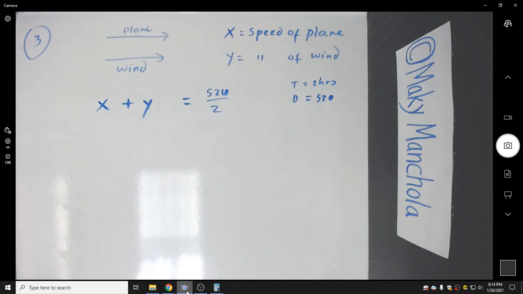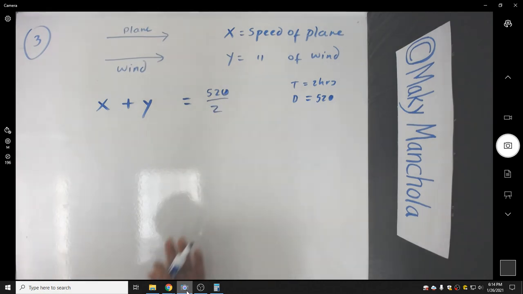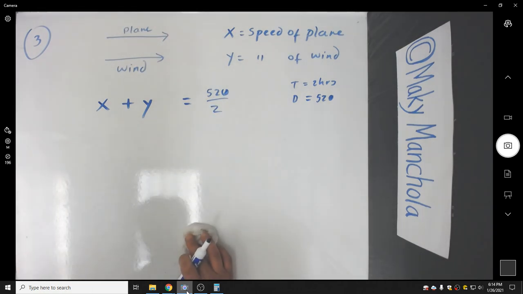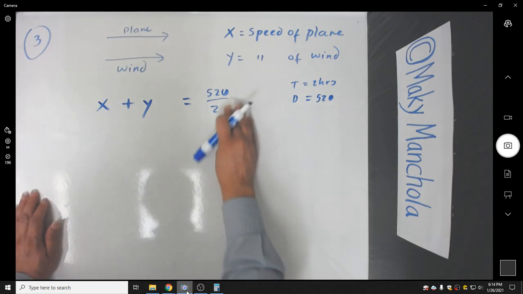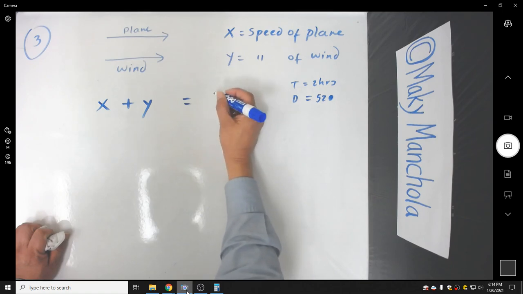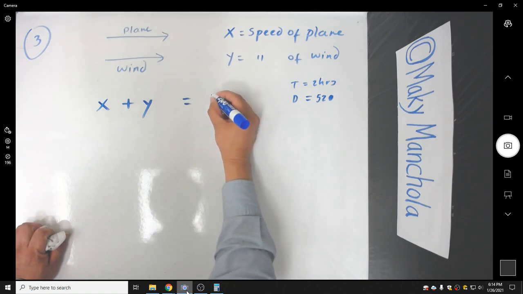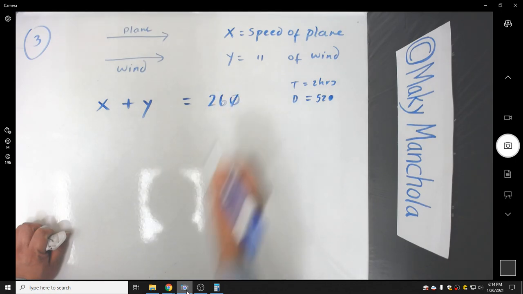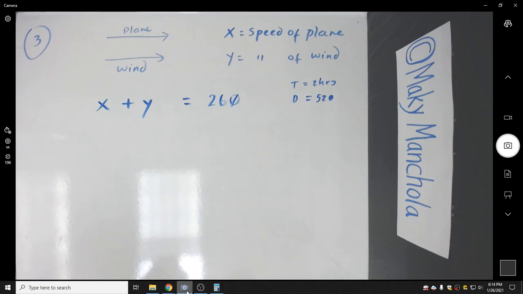Okay, we know that 520 over 2, when we divide, results in 260. So when we are traveling with the wind, our average speed is 260 miles per hour.